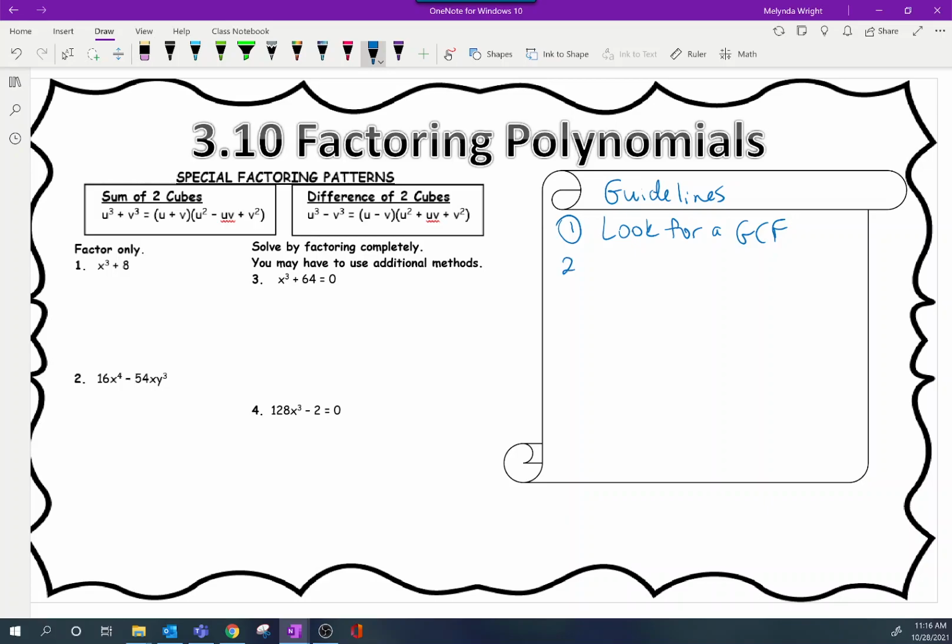Next, we're going to look to see how many terms the expression or equation has. If there are two terms, which is a binomial, if you recall, then we can do what we did last time, which is a difference of perfect squares.